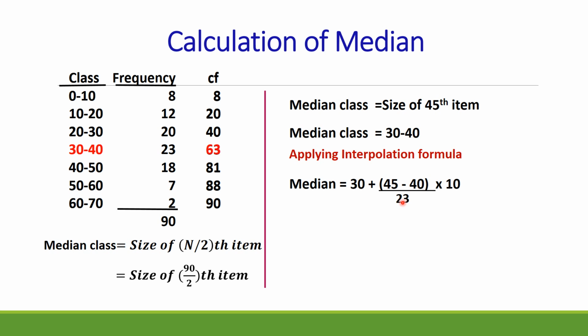The median class is 30 to 40, so 40 minus 30, that is 10 units of class interval. So into 10. Now let us calculate. Median is equal to 30 plus 2.7, which is 32.17. That is the median of the class given here.